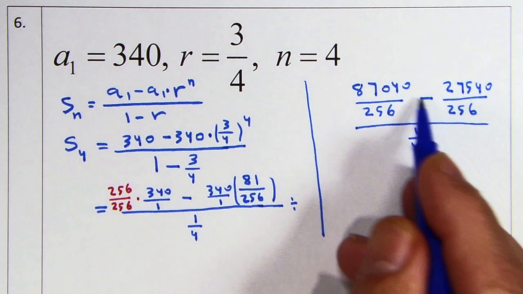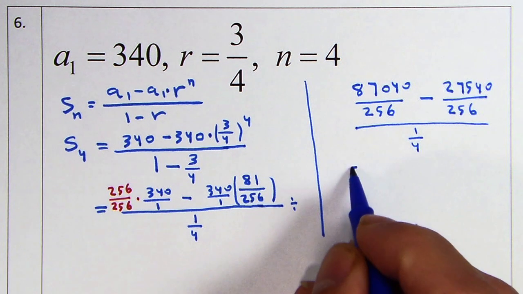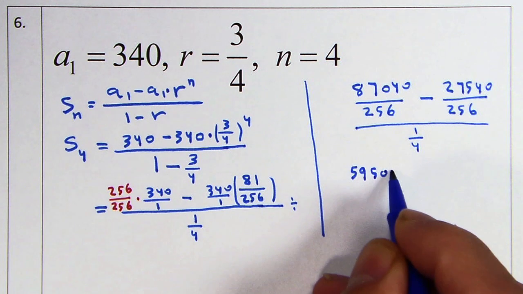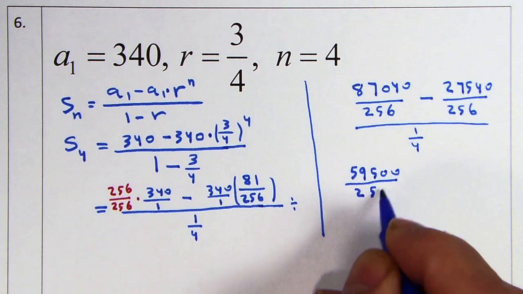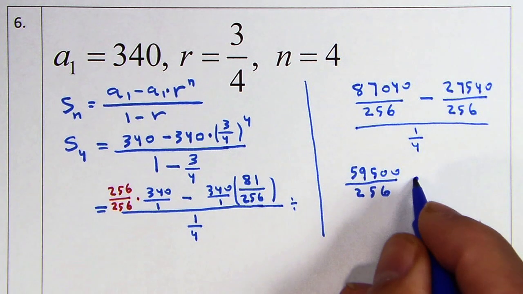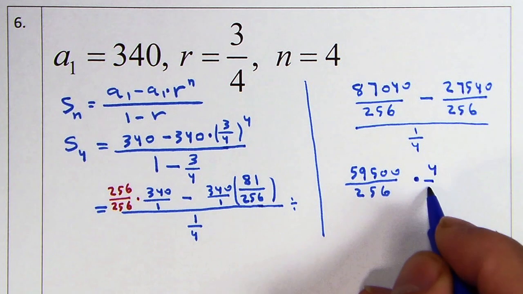Subtracting these two numbers, I get 59,500 over 256. Instead of dividing by 1/4, we could write instead multiply by 4 over 1.